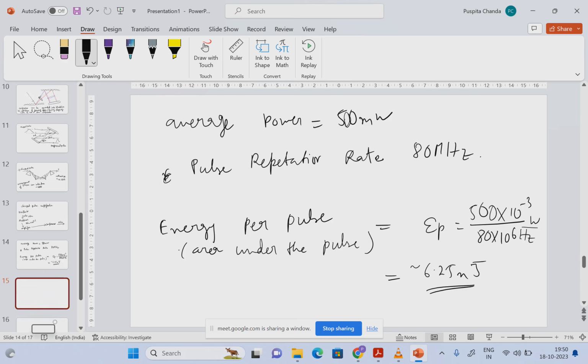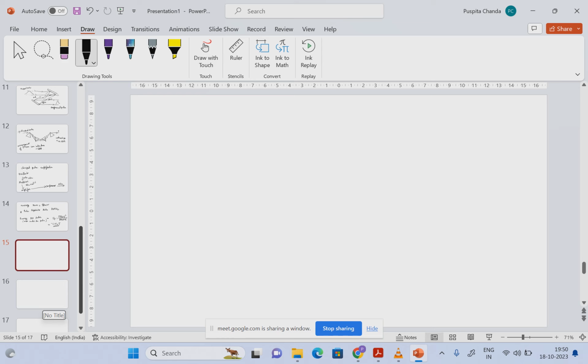This is in nanojoule. A nanojoule energy pulse is safe for any other component.